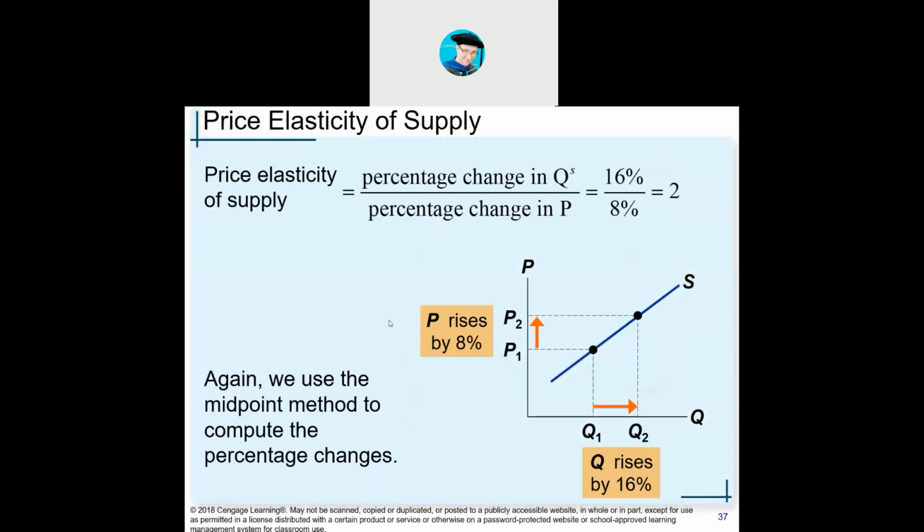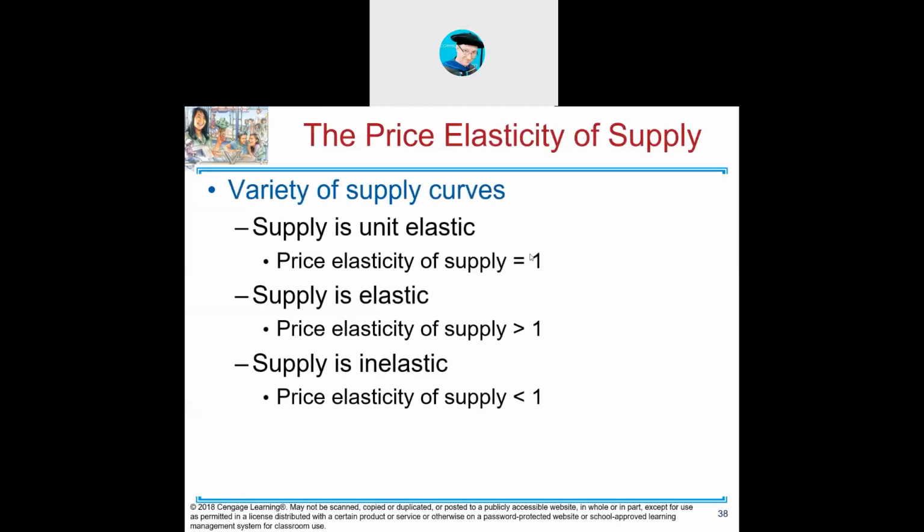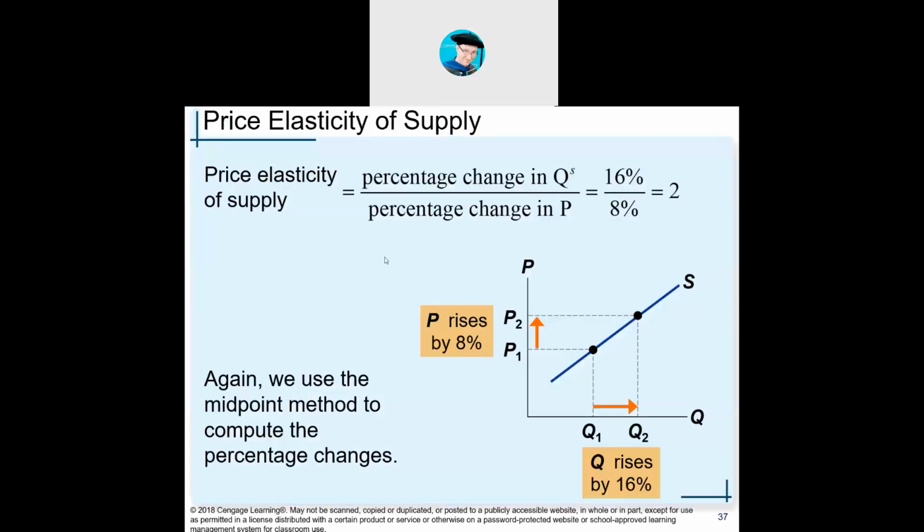So if the price goes up, we would expect an increase in the quantity. So percent change in quantity divided by the percent change in price. And yes, it works the same exact way. So it would be Q2 minus Q1 divided by Q1 gets you the percent change in quantity.